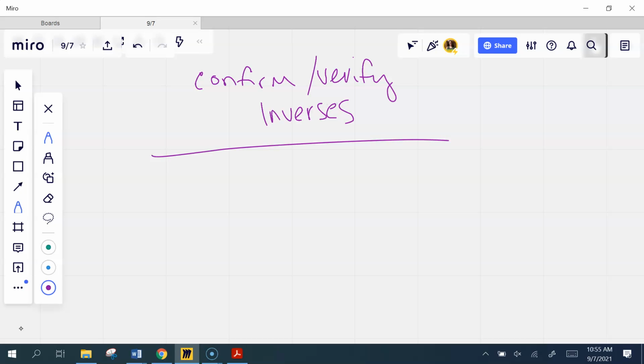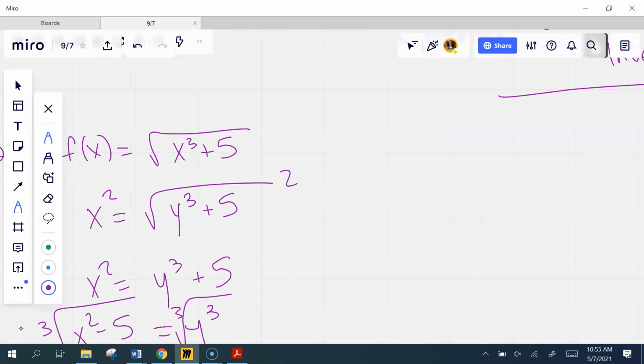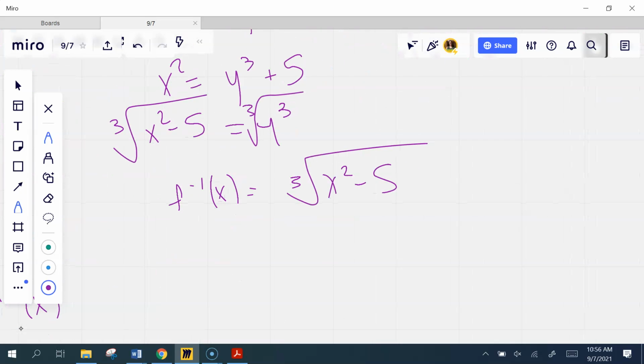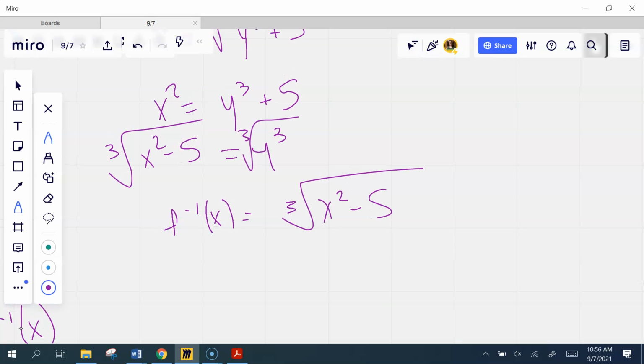In Algebra 2, we confirmed and verified that two functions were inverses of each other by doing something special. Do you remember what that was? Plugging in what? And what happened when we did that? It equals x.